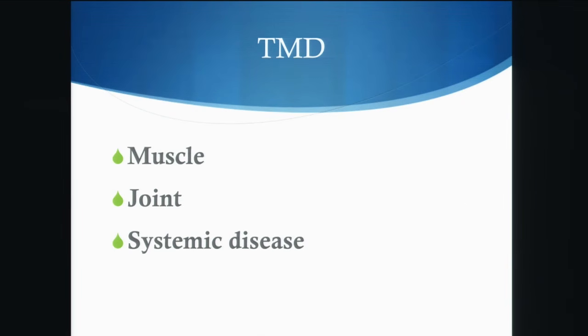What types of TMJ disorder are there? Well, we classify them as TMJ disorders involving the muscles of mastication, involving the joint itself, or part of a systemic disease.